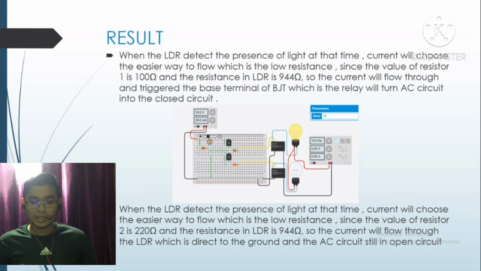So the value of the LDR is not exactly 944 ohm, which is why the current chooses the LDR, because maybe the value of the LDR is lower than resistor 2. So the current will choose the LDR and will not trigger the base terminal of the BJT, and the bulb will not turn on because the AC circuit is still in open circuit.